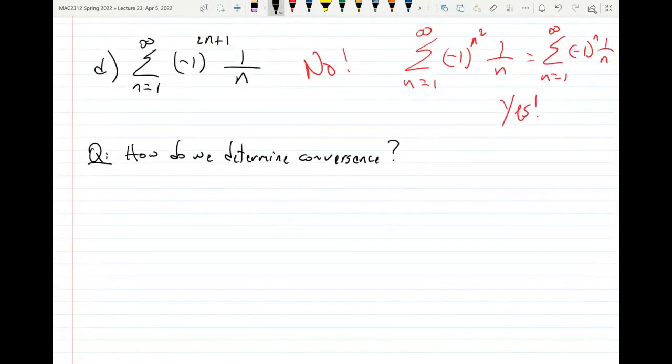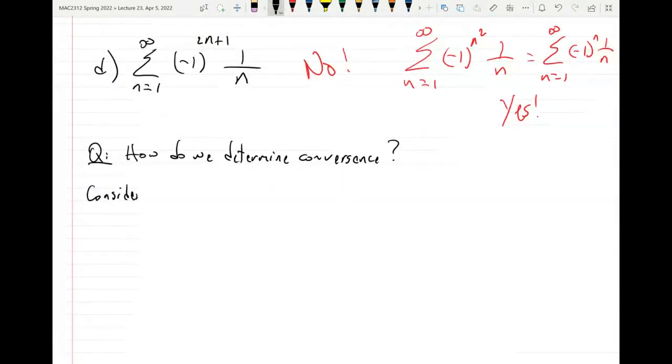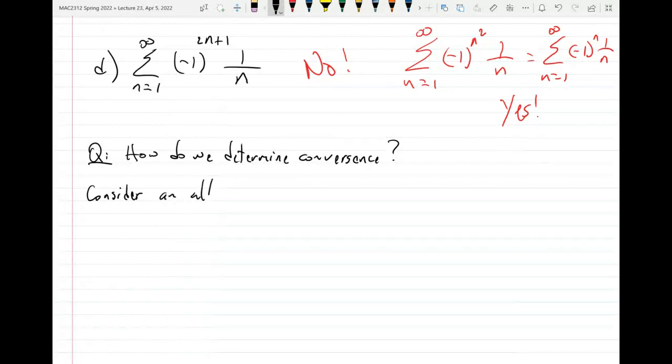So, consider an alternating series. Let's say the sum of negative 1 to the n plus 1 times a_n, beginning from 1 to infinity. Again, the limits here, where I begin, are not really important.